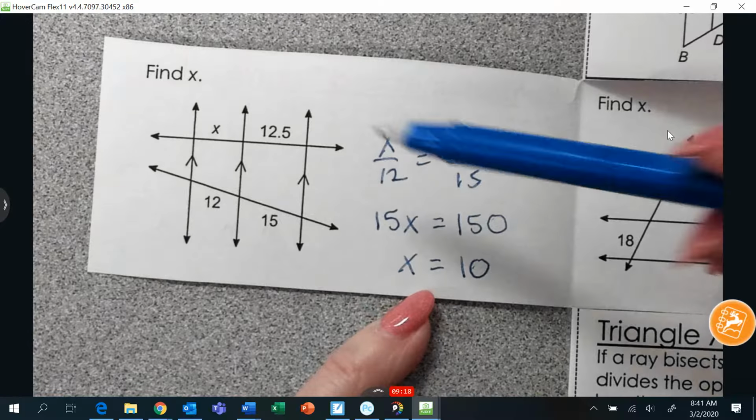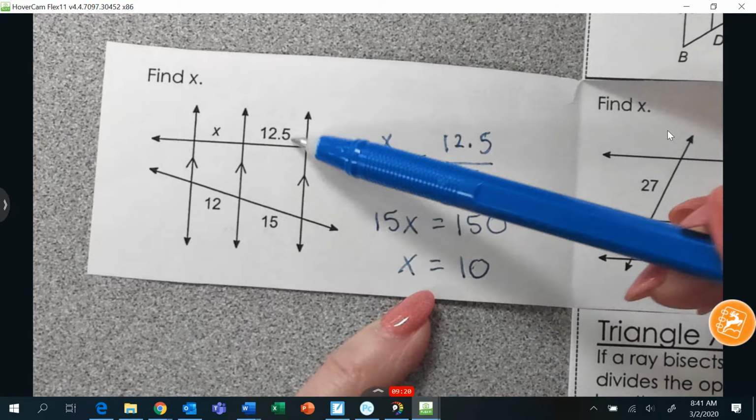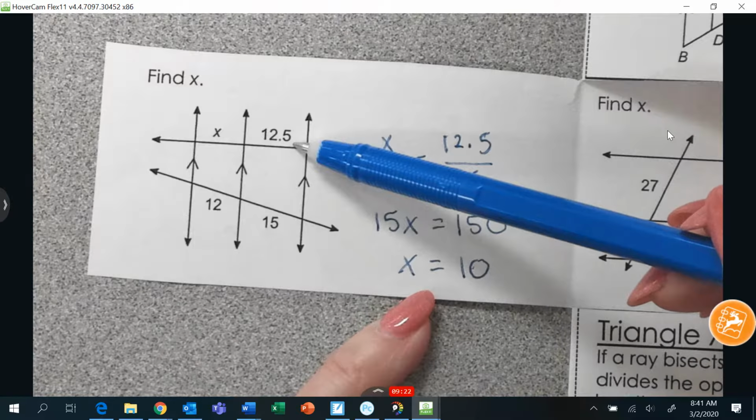Anything? 13 would not make sense because it would be bigger than this one. What's another number? 22 would.